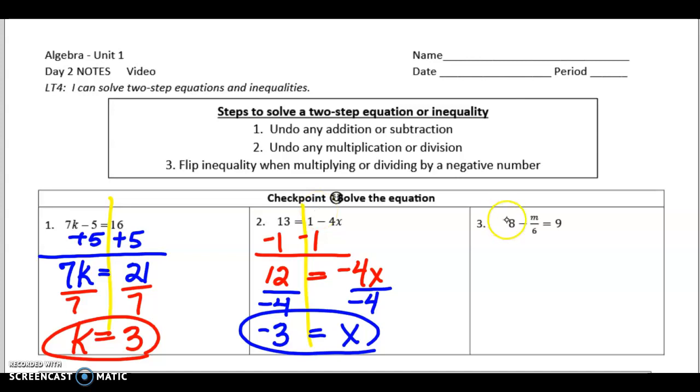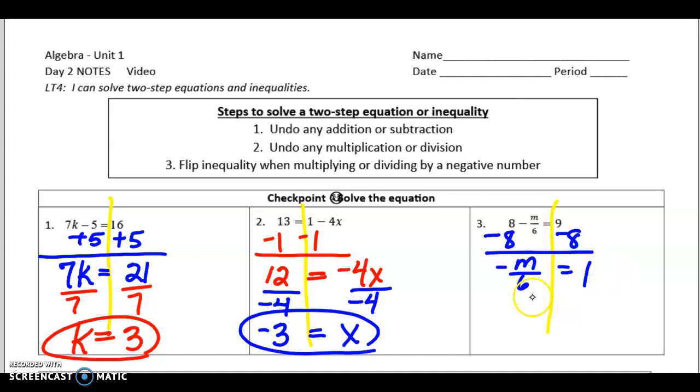And then in this next problem, again, our goal is to get the m by itself. So I need to get rid of this 8 that's not connected at all to the m. So I get rid of that 8, it's positive, by subtracting. And when I do that, that makes a 0, and this is negative m over 6 is equal to 1.